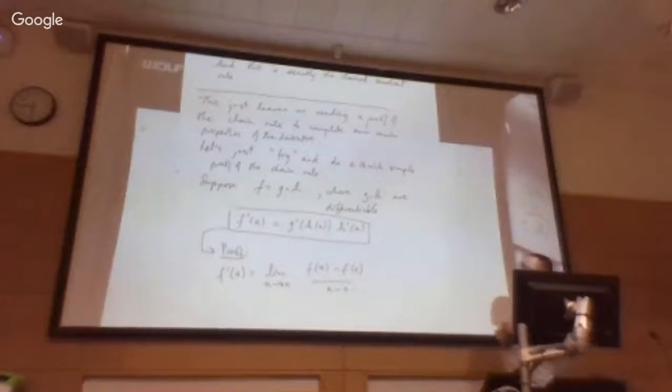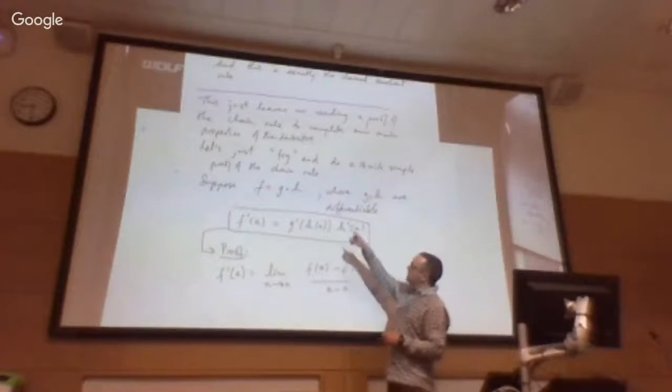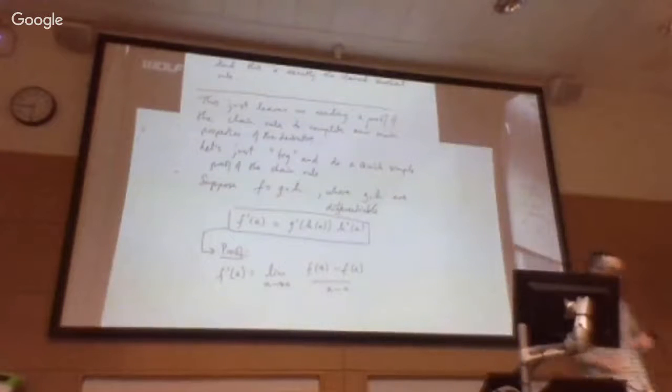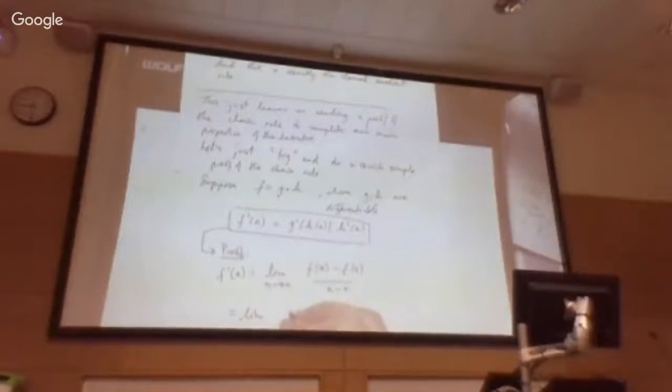So there's the definition of the derivative involving f. We know what f is defined as. f is the composition of g and h. So what we're looking at is the limit as x approaches a of g of h of x minus g of h of a, all divided by x minus a.